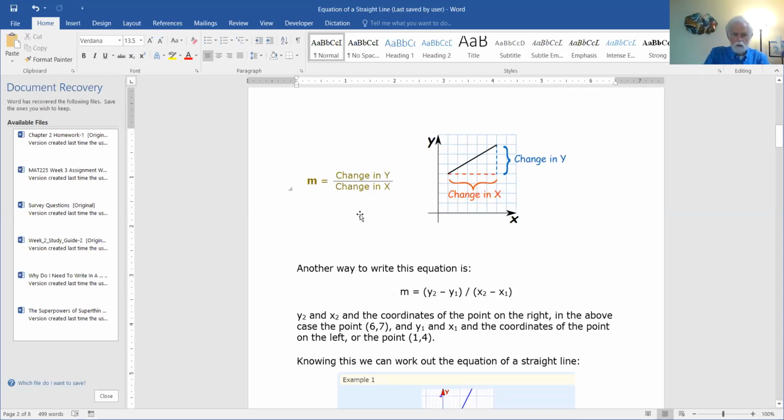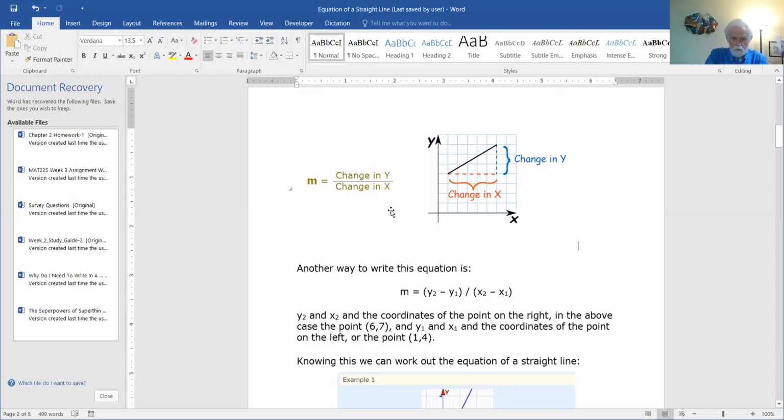So if we put that into our equation, we've got 7 minus 4, Y2 minus Y1, divided by 6 minus 1. That's going to be 5.